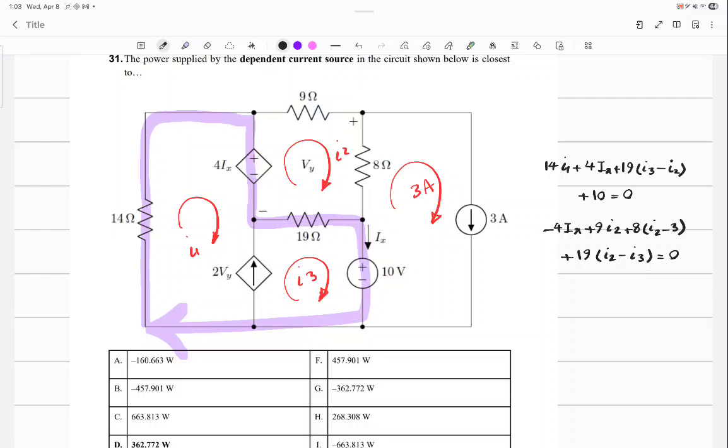But I have 1, 2, 3, and 4. So I need more. Look inside the supermesh. What is I3 minus I1? It is equal to 2Vy. And what else is involved? So we need equations about Vy.